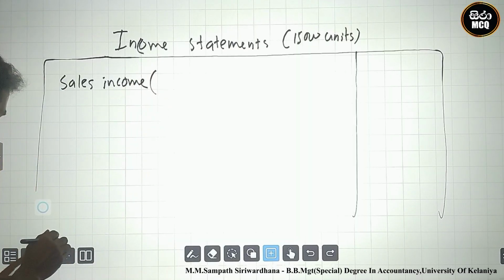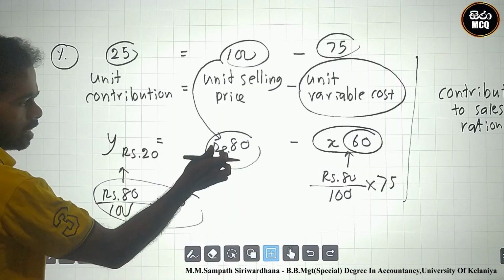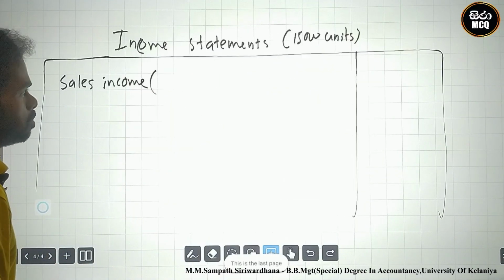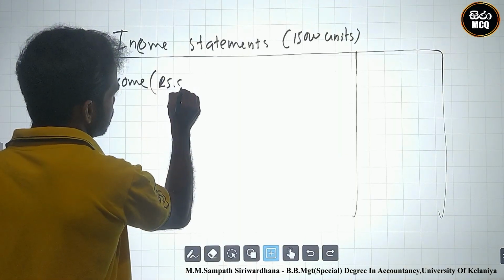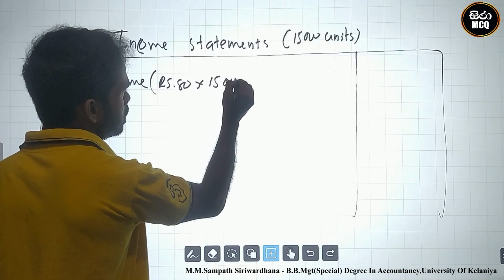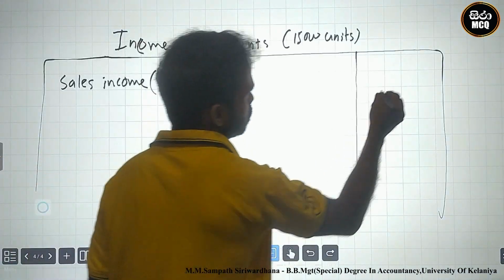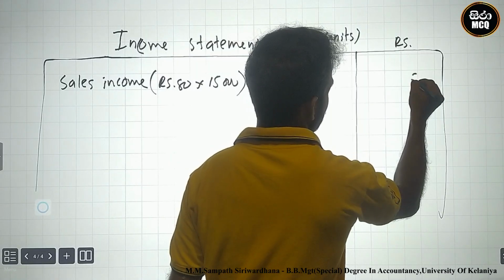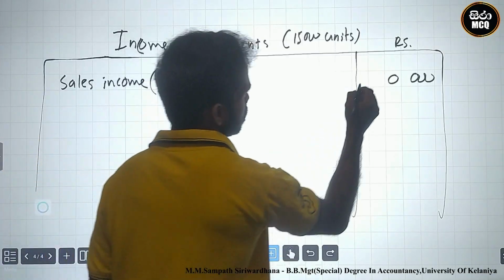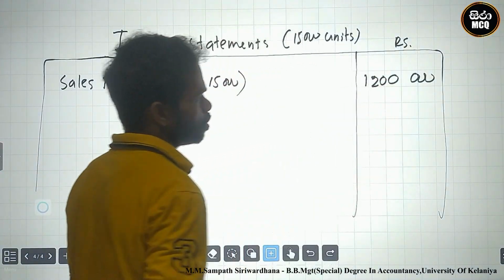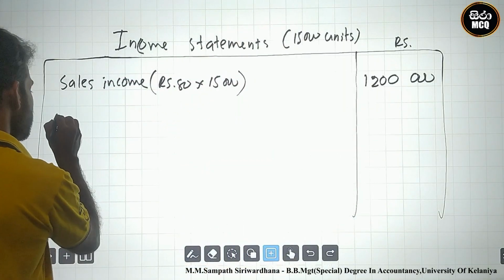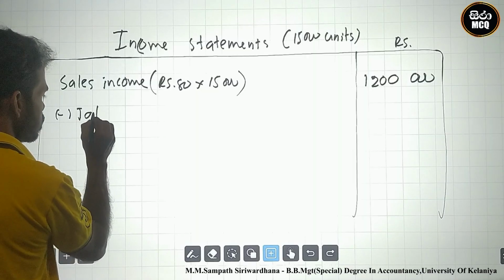Unit selling price was already given as 80, for 15,000 units. We must multiply by 15,000. The answer is 1,200,000, 1.2 million. Therefore, we deduct total variable cost.